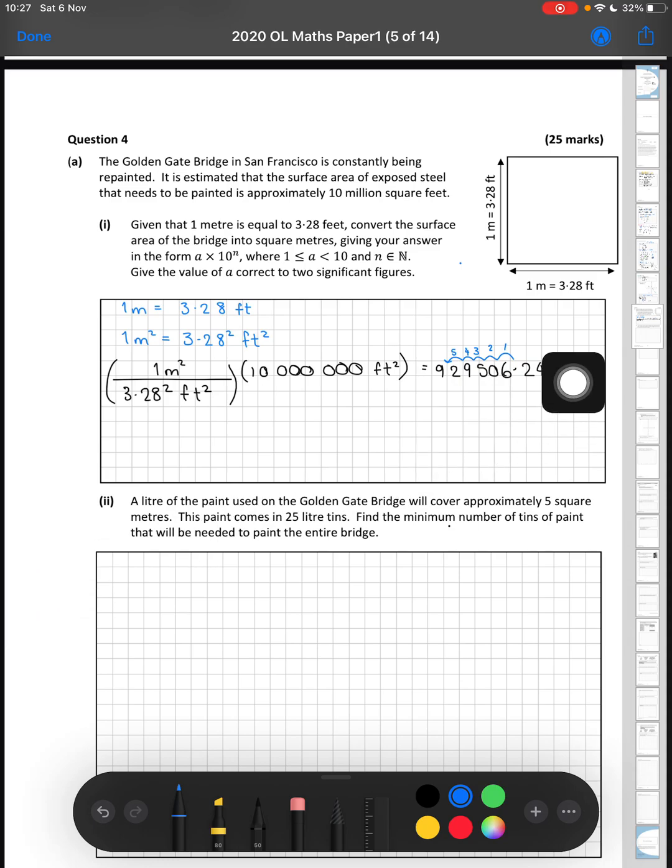So I want to move my decimal 1, 2, 3, 4, 5 places over, so it's going to be to the power of 5. Remember, when we move the decimal to the left, it's a plus power. If we moved the decimal to the right, it would be a minus power.